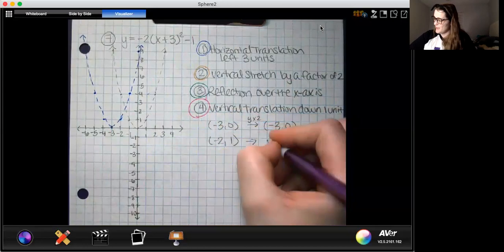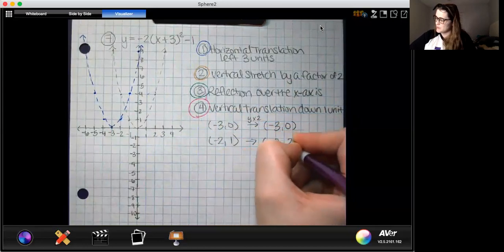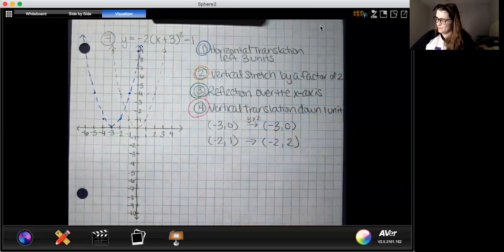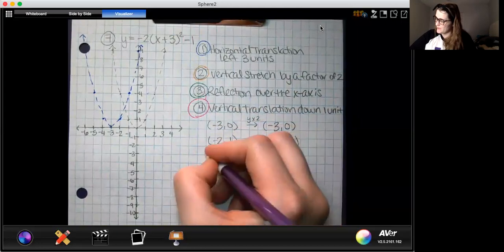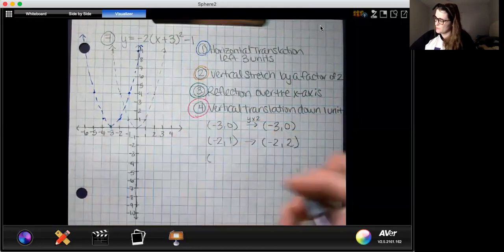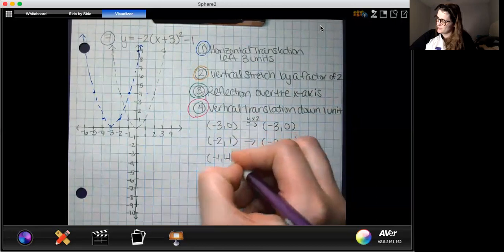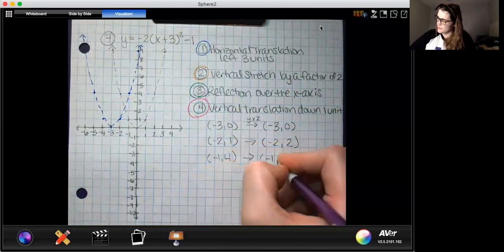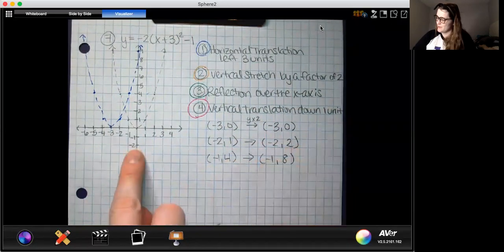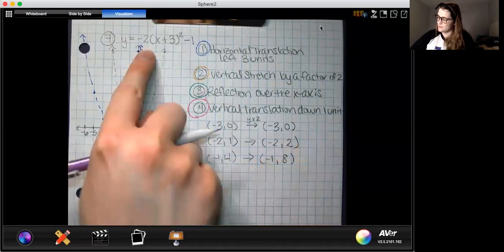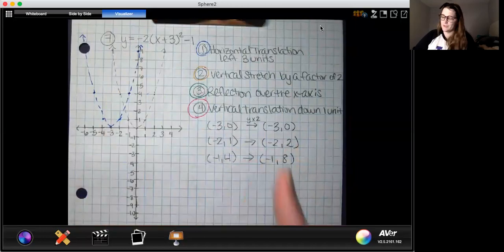So that point would now be -2, 2. And our next point was -1, 4, which now would be -1, 8. And our last point would have been 0, 9, which obviously multiplying by 2 would be 18, and that's just way too high. So therefore, we're just going to stick with these points.